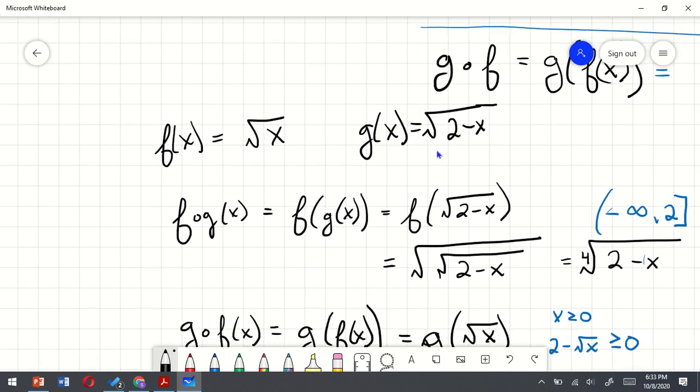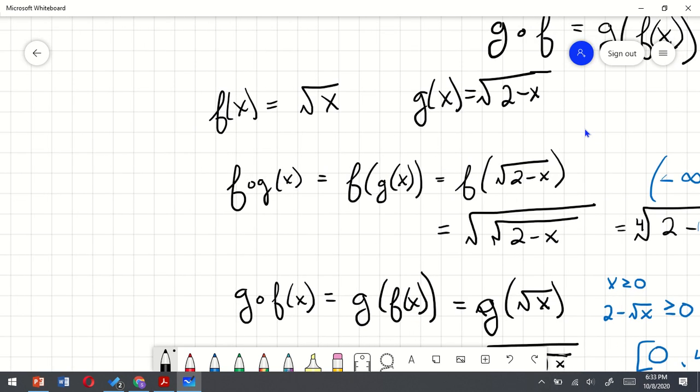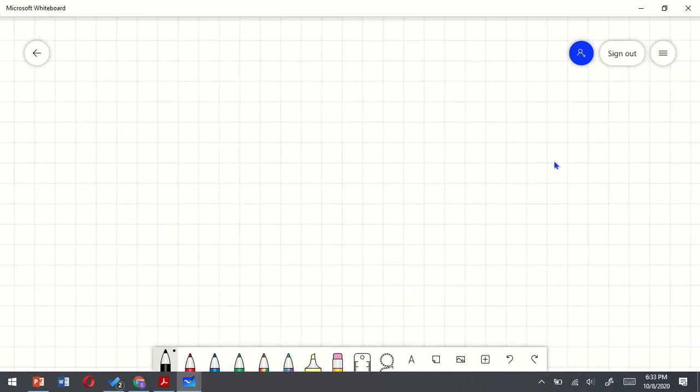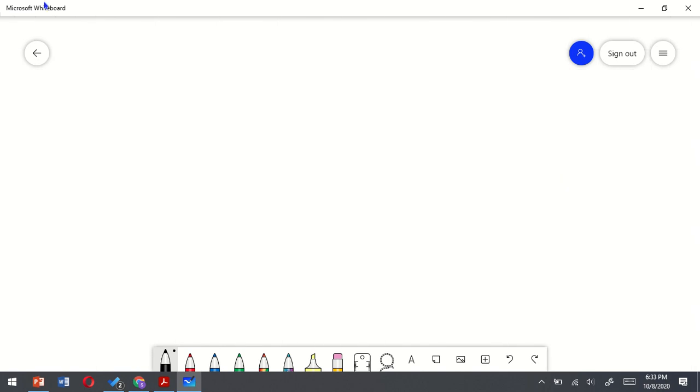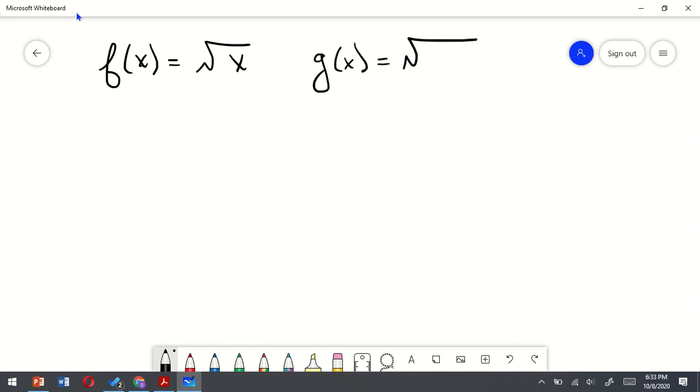Okay, how about same two functions, but we're going to do more compositions, different compositions. So I'll just remind f of x is square root of x and g of x is square root of 2 minus x. So let's say we want to take the composition of f with itself.